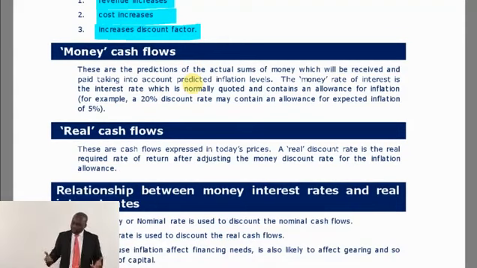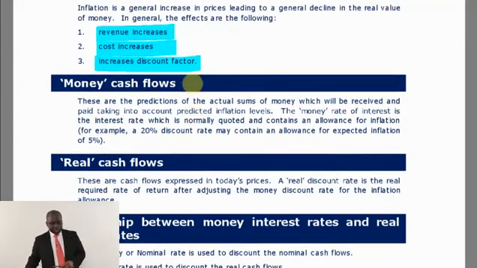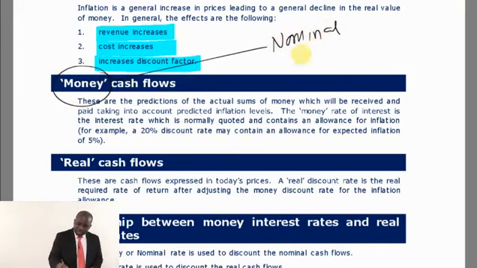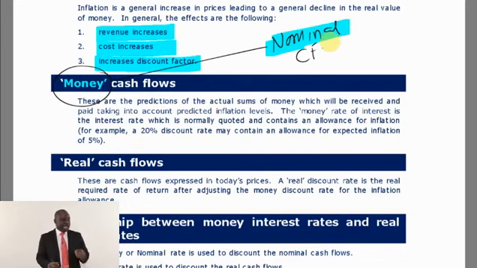Okay. However, there are certain terminologies we would have to refresh our minds on. We use the word money cash flows, or in other words, we will say nominal cash flows. When we say something is in money terms or is in nominal terms, then we are telling you that that cash flow or that item, we have already inflated it.